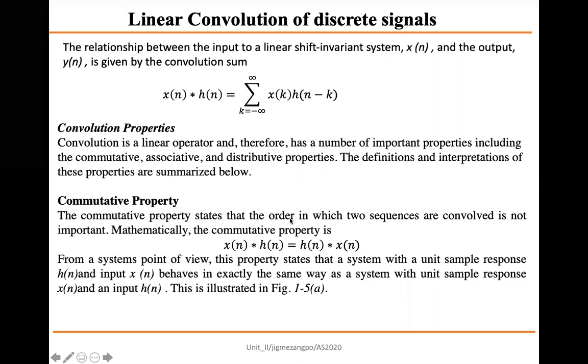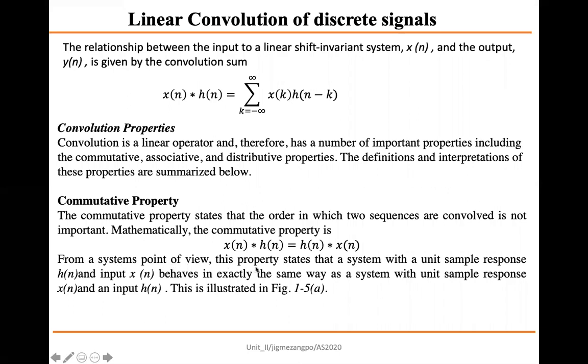The commutative property states that the order in which two sequences are convolved is not important. Mathematically, x of n convolved with h of n is equal to h of n convolved with x of n, which means you can interchange the position of the input and the impulse response. So this is known as the commutative property.